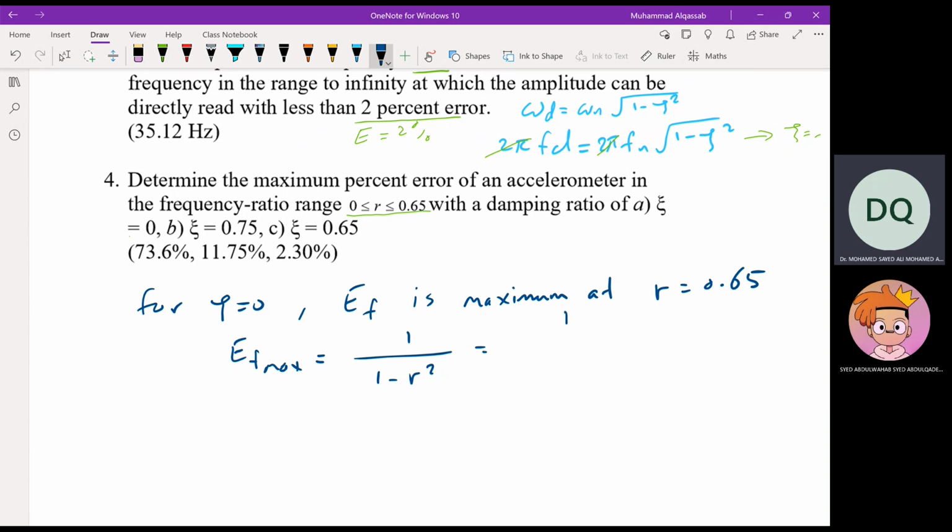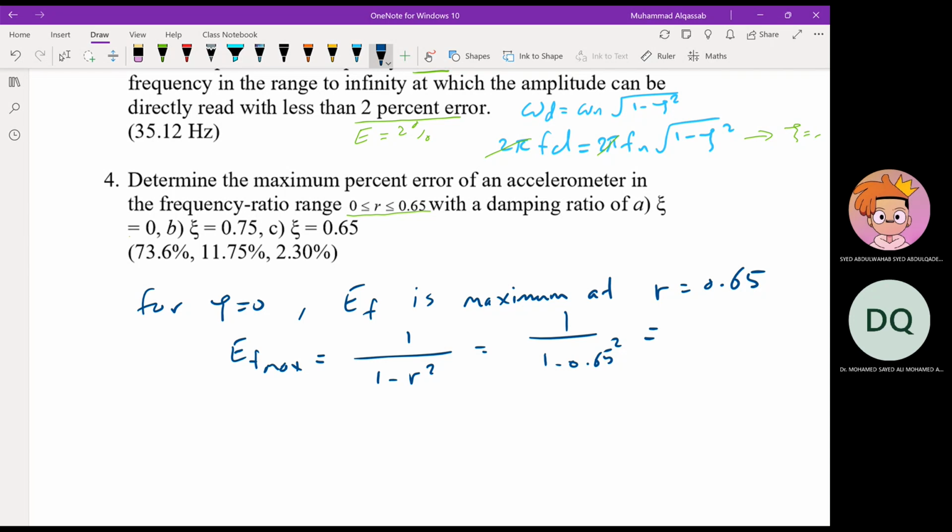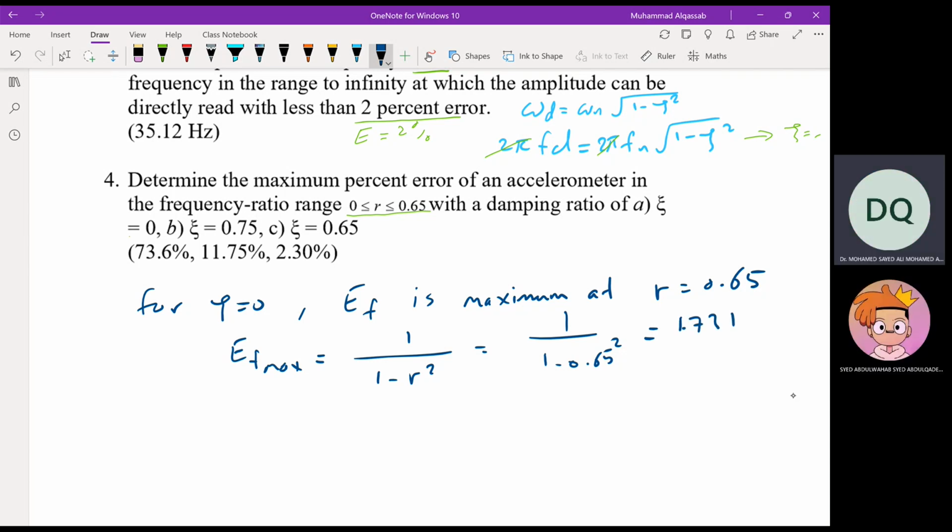Then you substitute to get 1 over 1 minus 0.65 squared, and this becomes 1.731. This is the error factor.